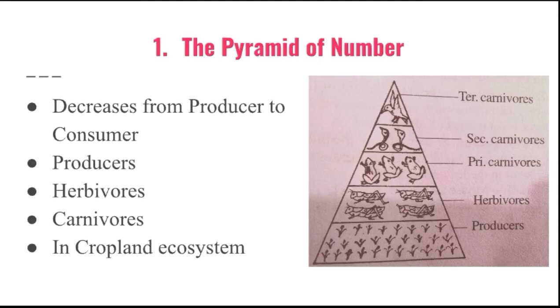The number of individuals at the trophic levels decreases from the producer level to the consumer level. You have seen in that figure, producers are very large in number as compared to the herbivores. Only 4 herbivores, 4 insects, are there. In the upper layer, 3 frogs, as well as 2 snakes and 1 hawk. It means that as the trophic level increases, the individual number decreases. That is called the pyramid of number.